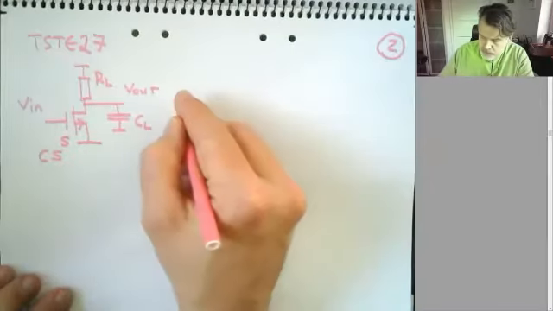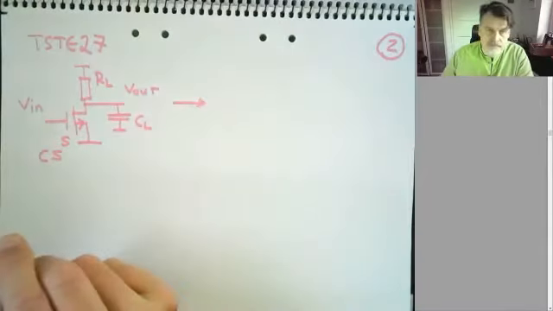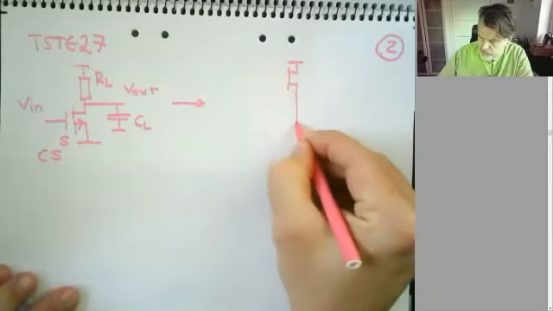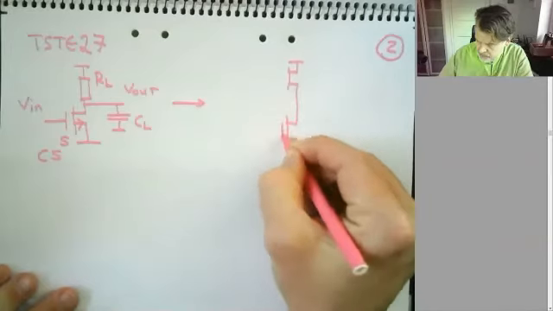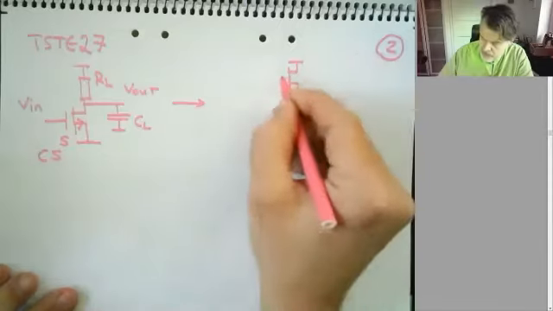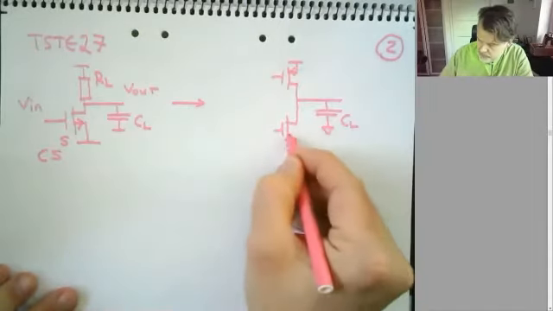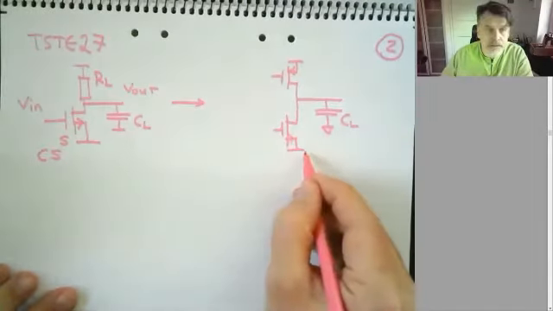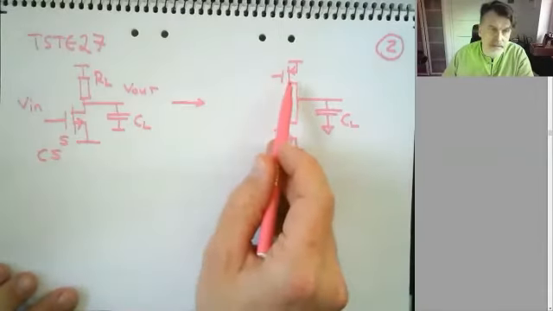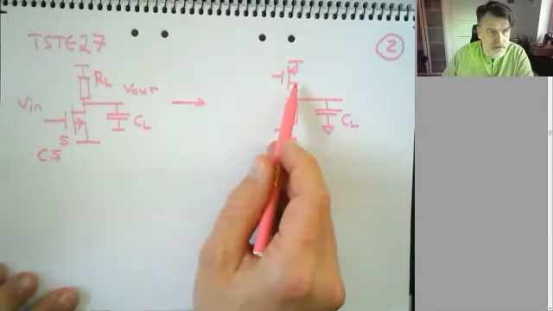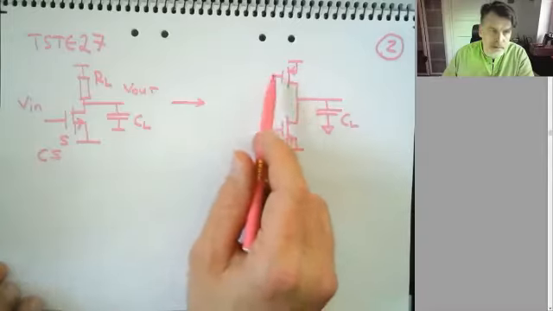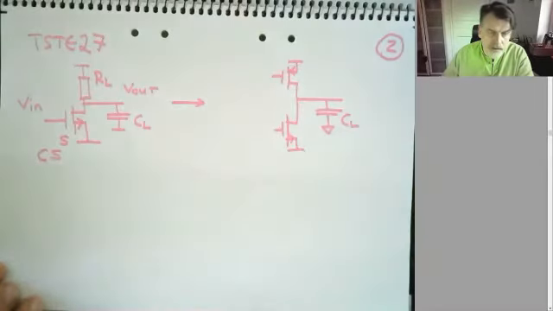So an option here was to go active, and then we put a current source at the top of our device like this, and then C load, and then we use a PMOS and an NMOS down here, so still grounded source, so still a common source device, but I replace my resistor with a current source which has a very high output impedance, more or less independent of the current, give or take.